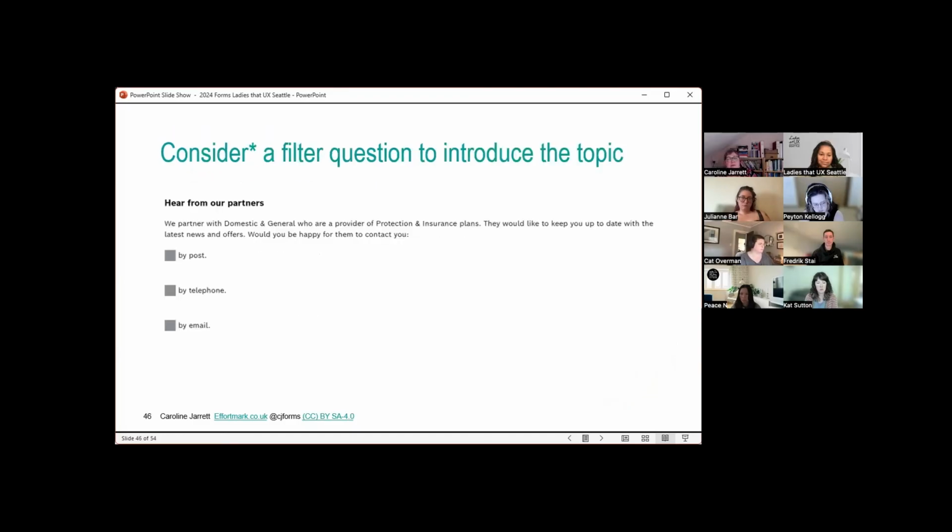So one of the things I typically recommend for this particular use case is to consider some kind of filter question. So this one is a slightly different thing. This is not the sending a progress update on the order, but again, I got this one genuinely the other day, where they've created a filter question, which is asking me my preference for how I'd like to be updated with news and offers.